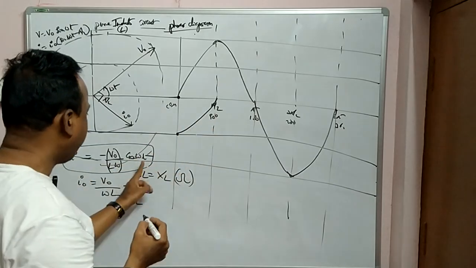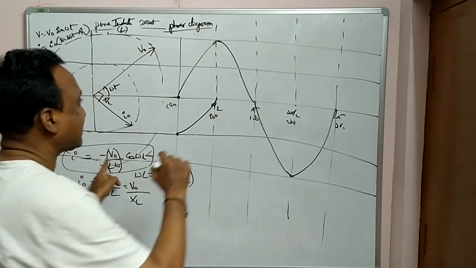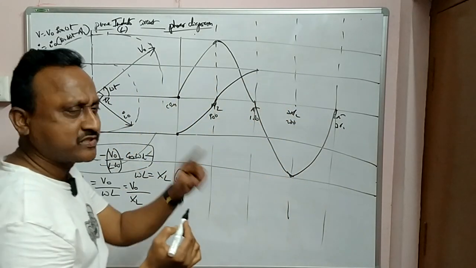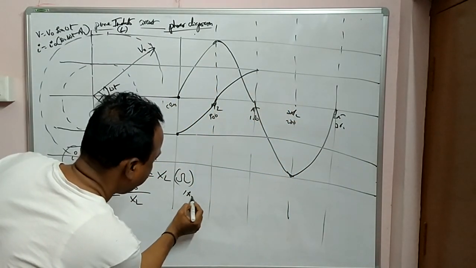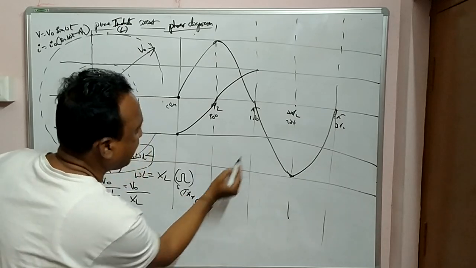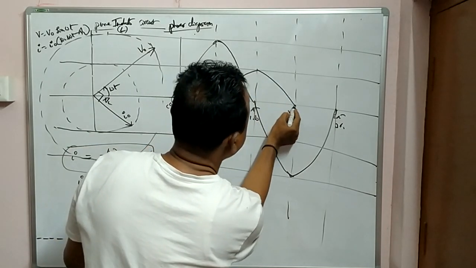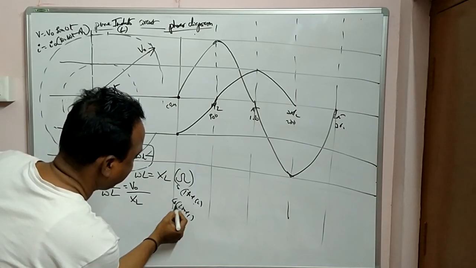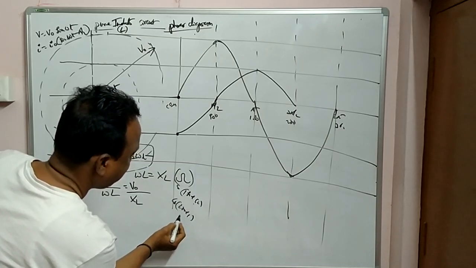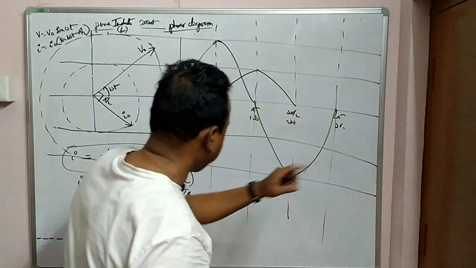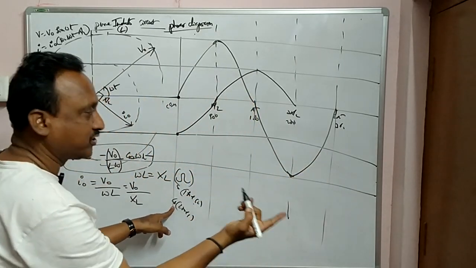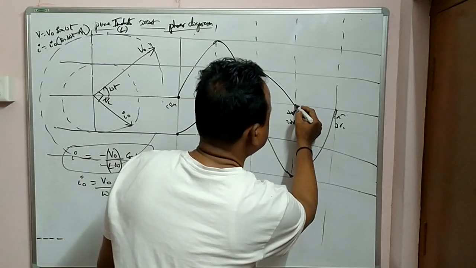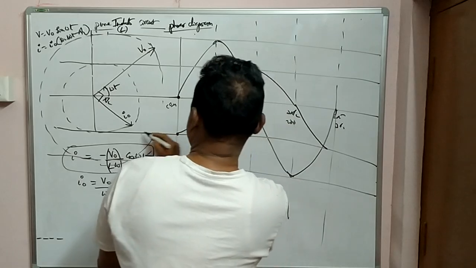Next cos 180 is minus 1, and minus into minus is plus again, so it will come here. Again cos 270 is 0, and then cos 360. Here a minus is there, so minus. Okay, this is the graph.